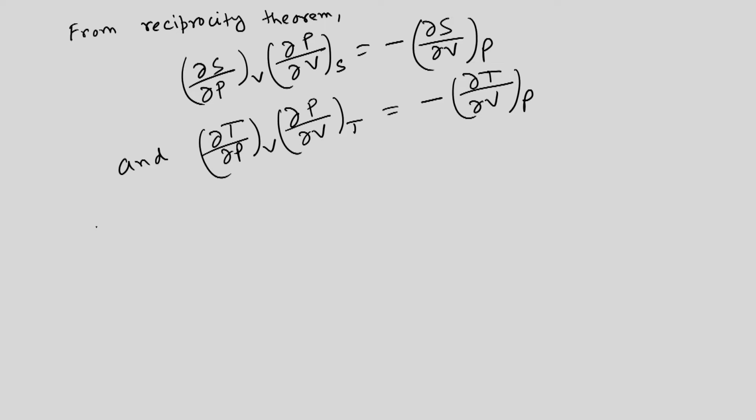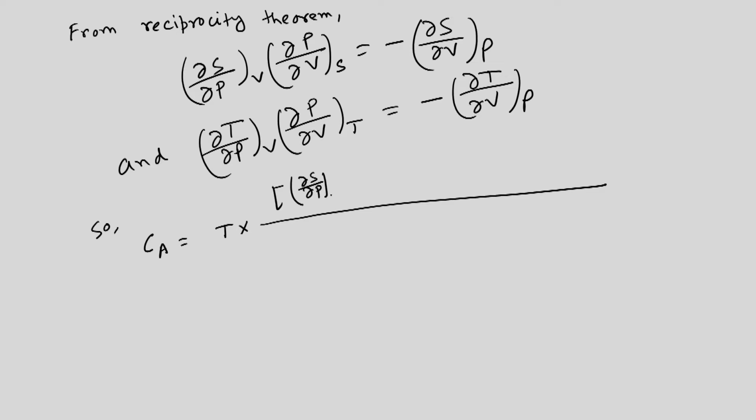So, we can write Ca equals T times del S by del P at constant volume.